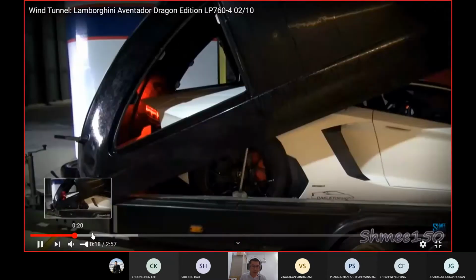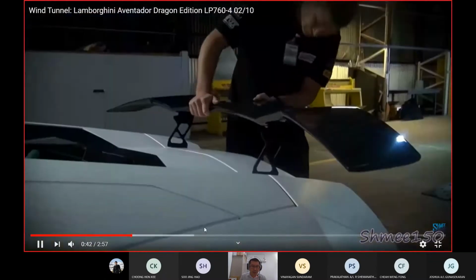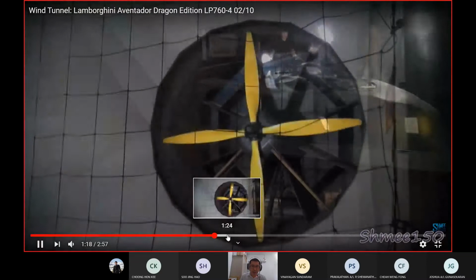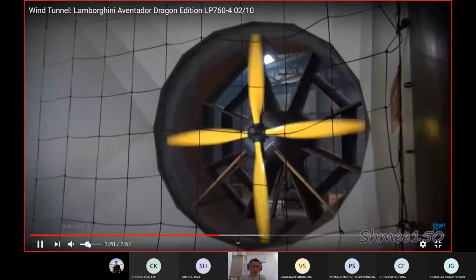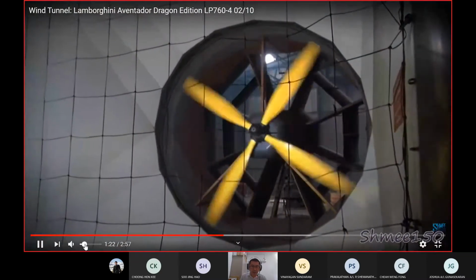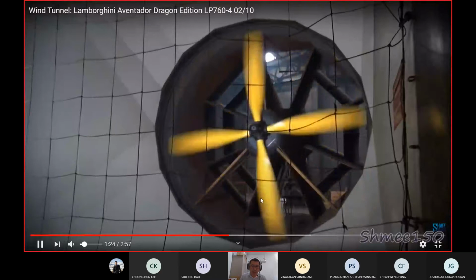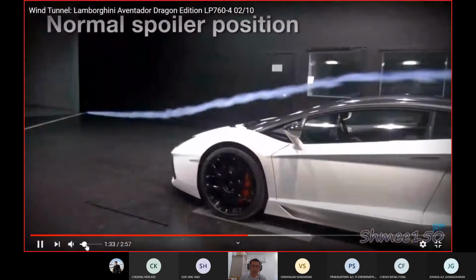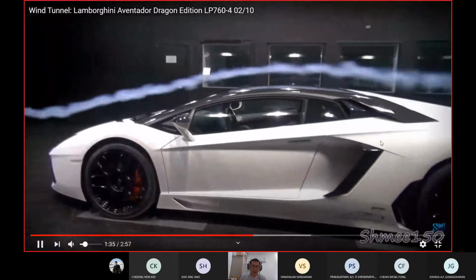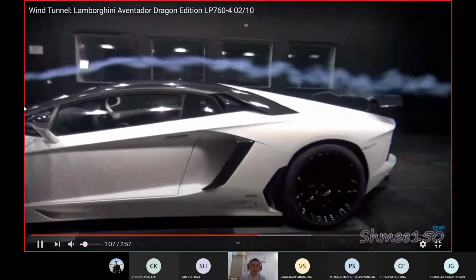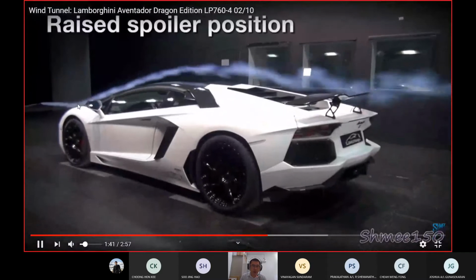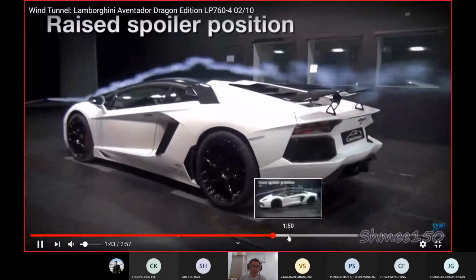So this is an aerodynamic test in the wind tunnel. They turn on the wind and generate some lift on the surface, and then they put in smoke to go through, and see what happens to the flow on the car body.